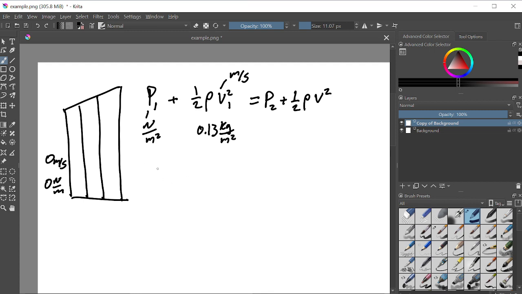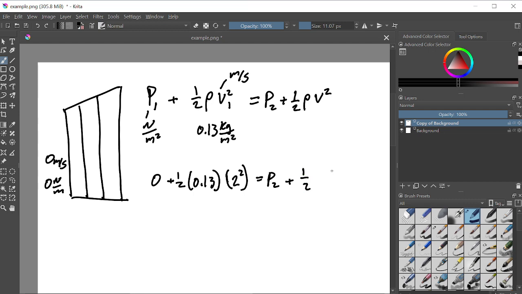So what we're going to have here is 0 newtons a meter, and we're actually going to add 2 meters a second to this 0 meters a second, because that's what the plasma ionic thruster adds. So it's going to be this 0.13, and then we're going to have 2 squared here. That's going to equal our new pressure plus our new velocity term.